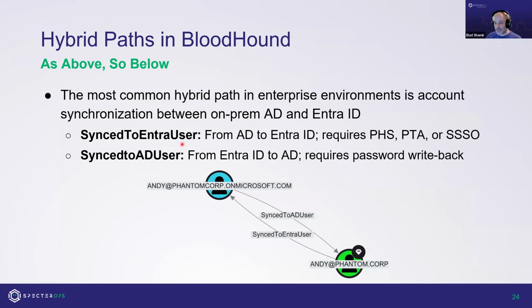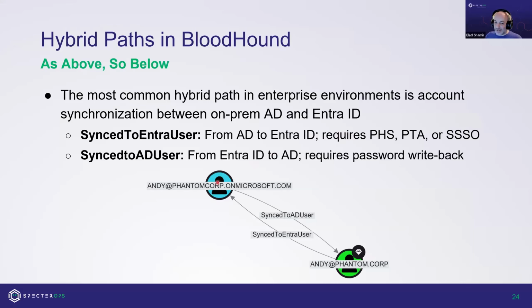So we represent these relationships in the form of two edges. Synced to Entra user represents a relationship between going from the on-prem AD user to the Entra user, and that requires that password hash synchronization or pass-through authentication or seamless single sign-on are enabled.